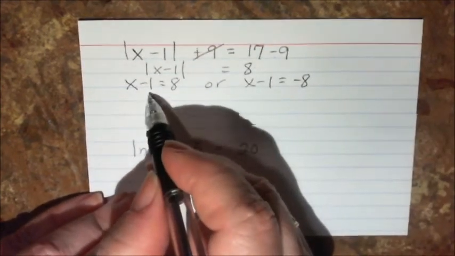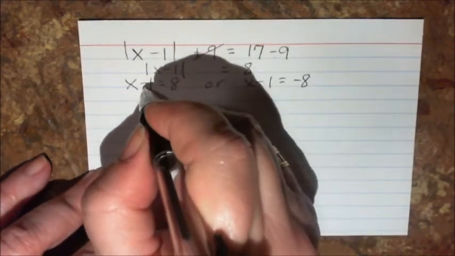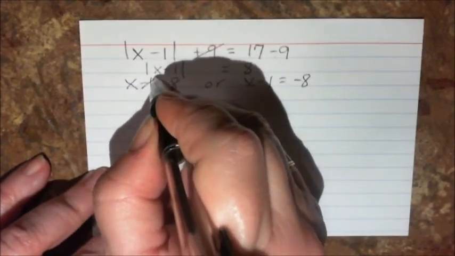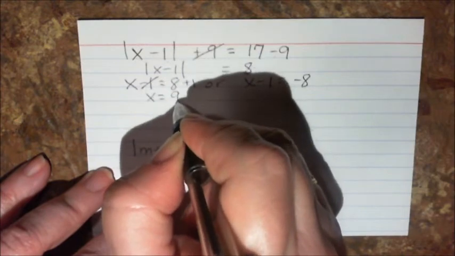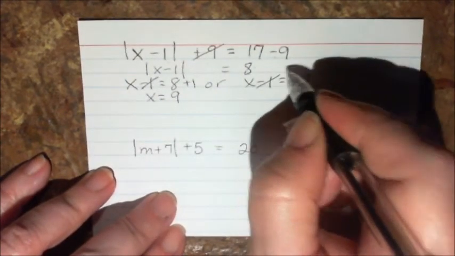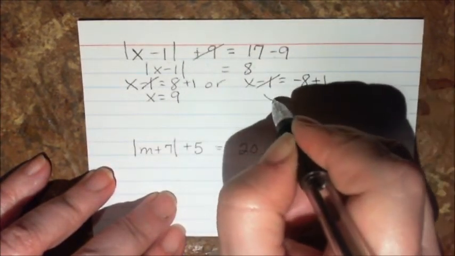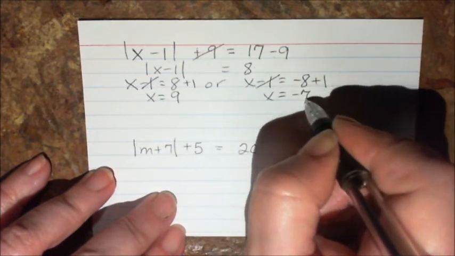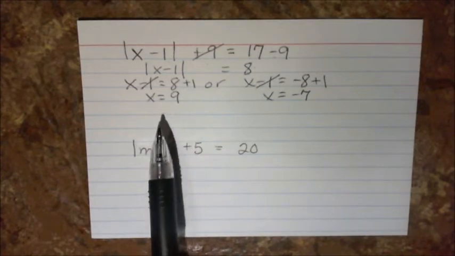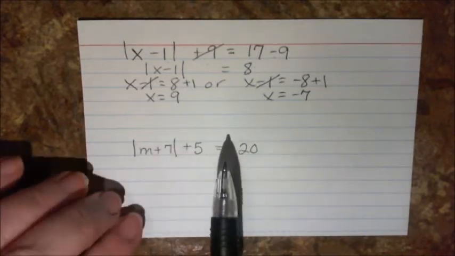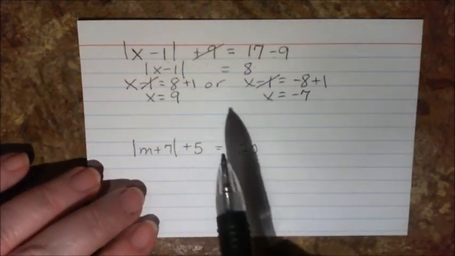Now we're going to solve each new equation. This needs to have 1 added to both sides, so x is equal to 9. This has to have 1 added to both sides, so x is equal to negative 7. Now remember, we need to check these solutions in case we forgot something earlier. So what did the original look like?